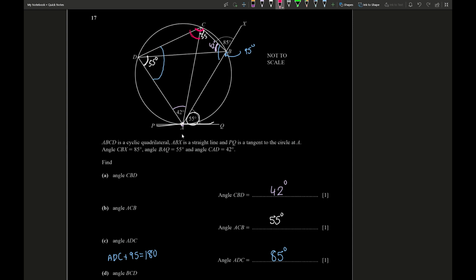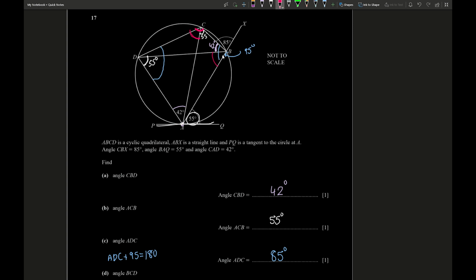So how do we find the angle ACD? Well, we know that, as you can see, ACD and ABD are both subtended by the same arc AD. So again, ACD and ABD are equal because they're subtended by the same arc AD. So if only we can find the angle ABD, we'll be able to find the angle BCD.